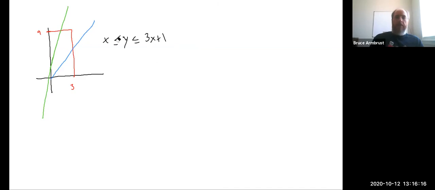So here's the deal. If we want both of these inequalities to be true at the same time, that means we have to be in the region inside that rectangle that is between those two lines. So I'll color it in here a little bit.